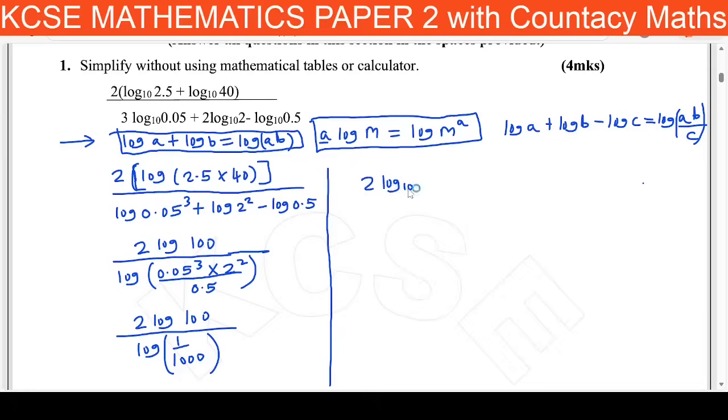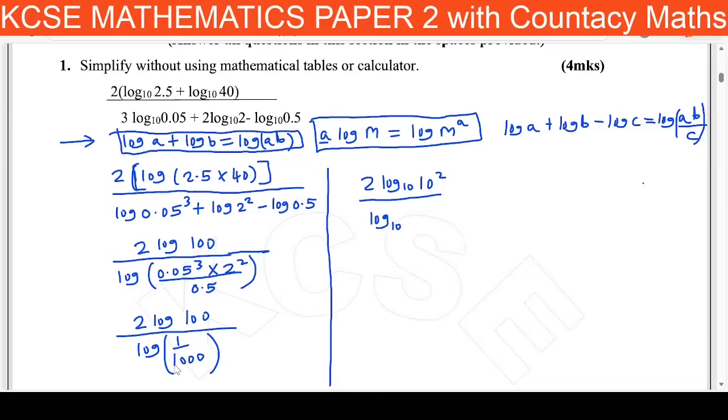Because when we have log base 10 and just simply logarithm, it's all the same thing, because when you don't write it, that implies that it is still base 10, because that is the fundamental and default base for logarithm. So we have 2 logarithm and then we have 10 squared. Because 100 is equivalent to 10 squared, 10 times 10, which is 100. And then we have that divided by what we have here, which is logarithm, this is base 10.